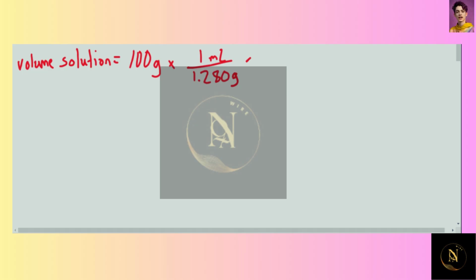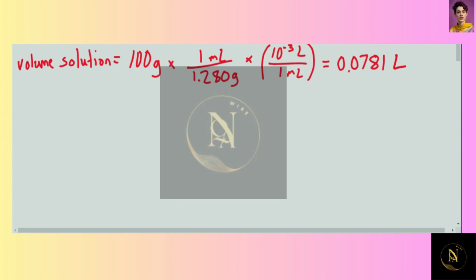And of course, we want volume in liters, so we multiply by 10 to the negative third liter per milliliter, and we get 0.0781 liters. So those are the values that we need.